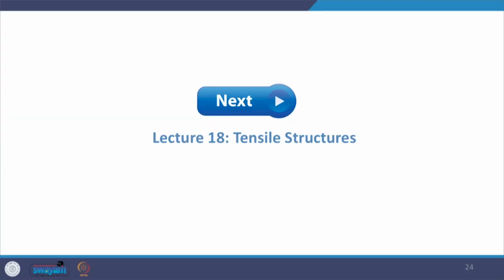Next, we will be discussing tensile structures, where, similar to compressive structures, the structures will mostly take tension, with either a little bit of compression or no compression. We will be discussing that in the next lecture, and thank you all for taking part in this particular course.